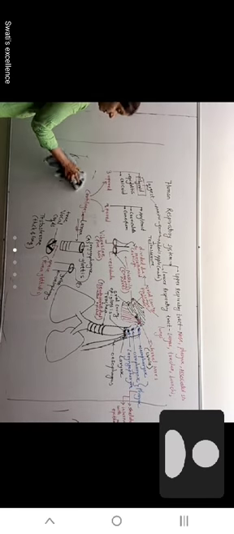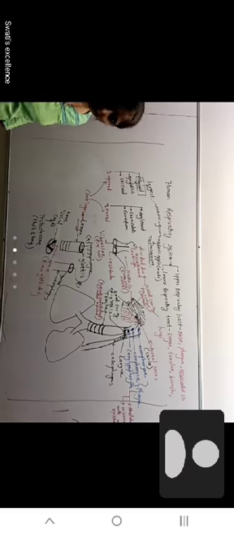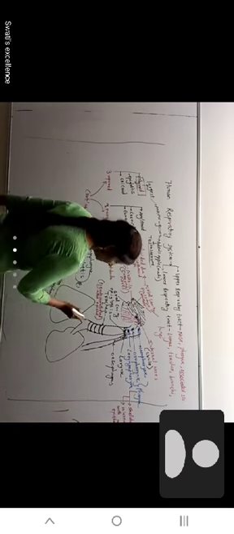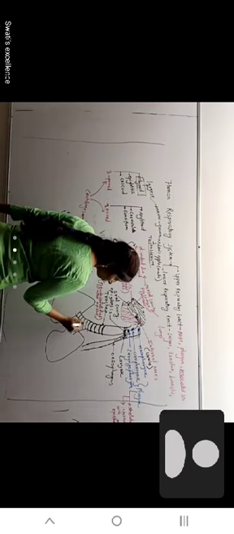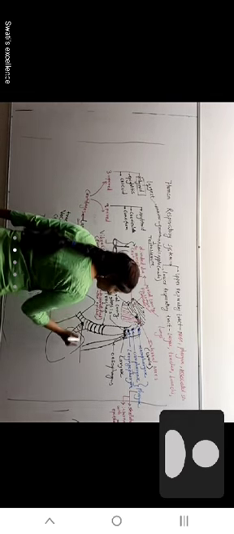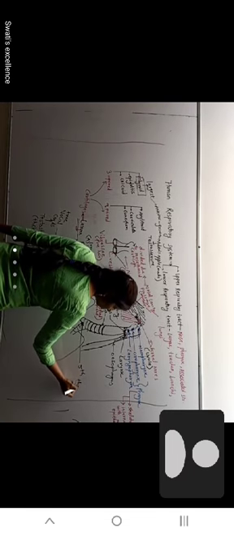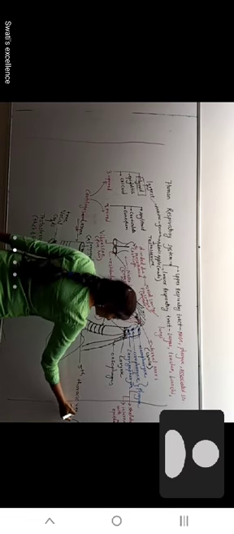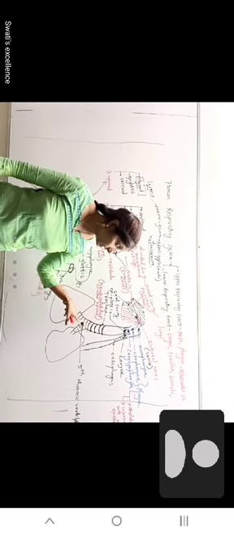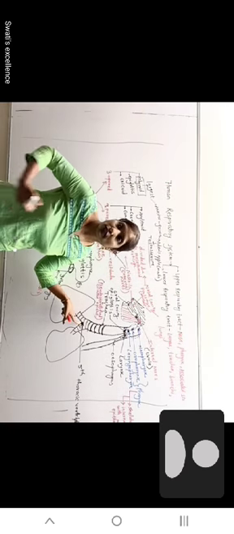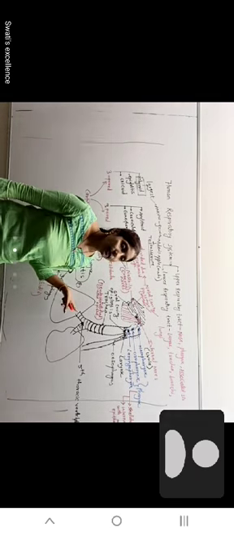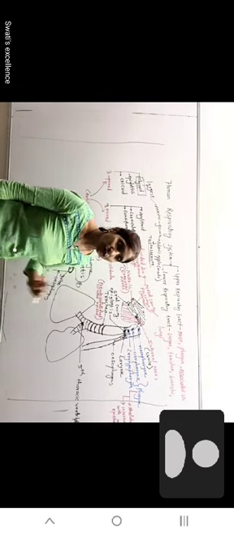Because finally you want to enter the lungs, but before that, the trachea, at the level of the fifth thoracic vertebra, exactly in the middle of the thoracic cavity, divides into two branches, that is the right bronchus and the left bronchus.